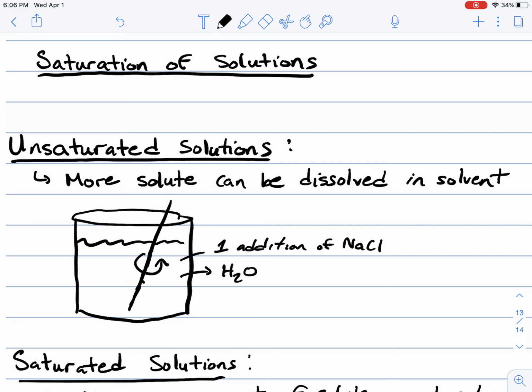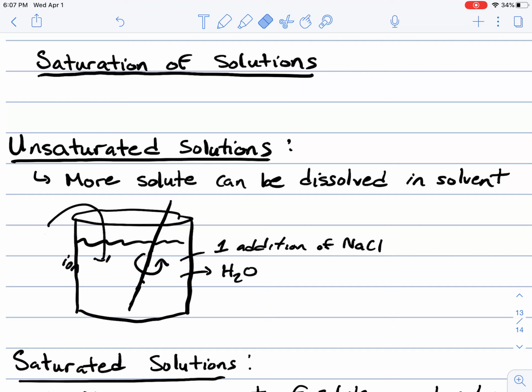What we're going to do is we're going to add a second addition of the salt, and then we're going to stir it once again. And if you were to add some more crystals of salt, and after you stir it, you see the crystals disappear, it still means that your solution is unsaturated.